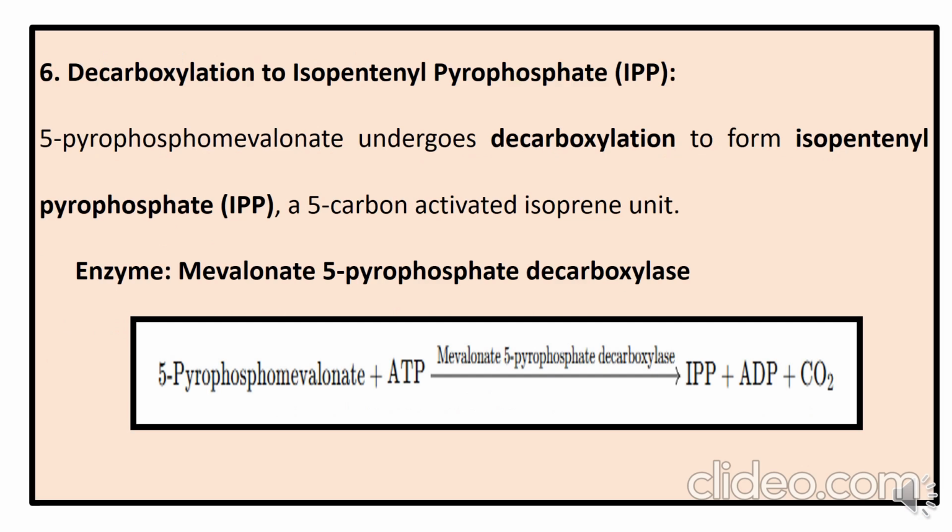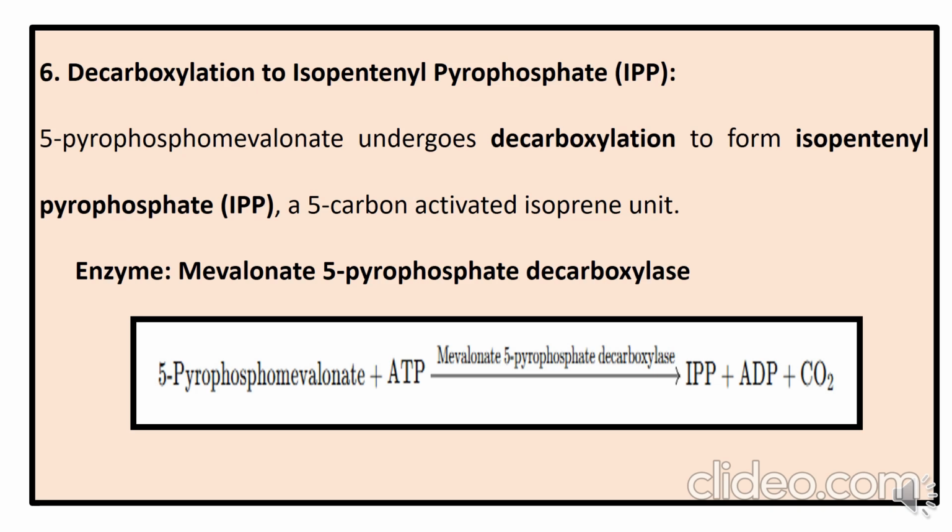The next step is decarboxylation to isopentenyl pyrophosphate, and from here there will be some abbreviated forms. Isopentenyl pyrophosphate is nothing but IPP. I repeat, isopentenyl pyrophosphate is IPP. 5-pyrophosphomevalonate undergoes decarboxylation to form isopentenyl pyrophosphate, that is IPP, a 5-carbon activated isoprene unit.